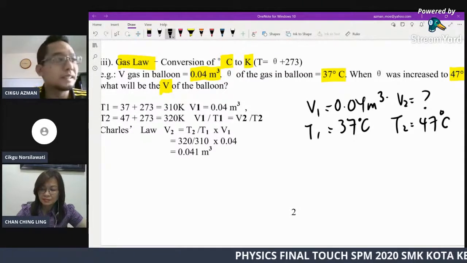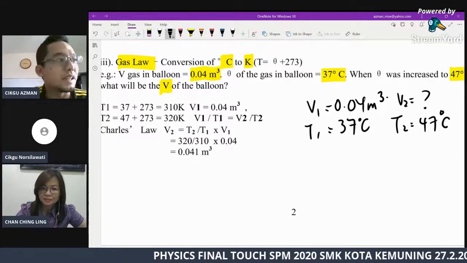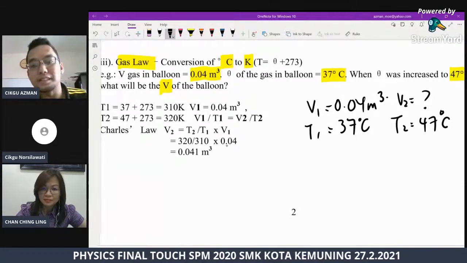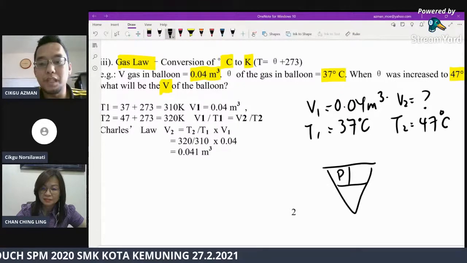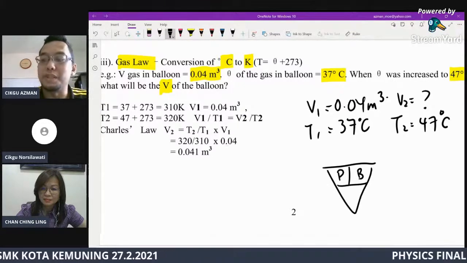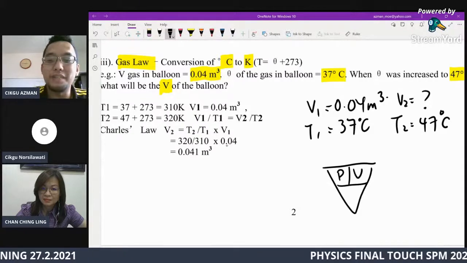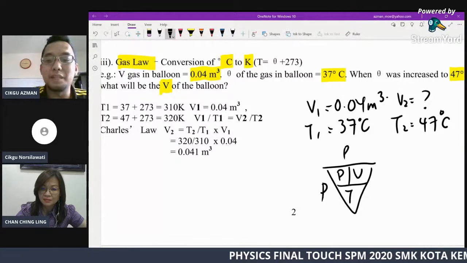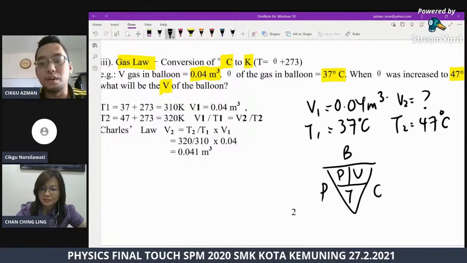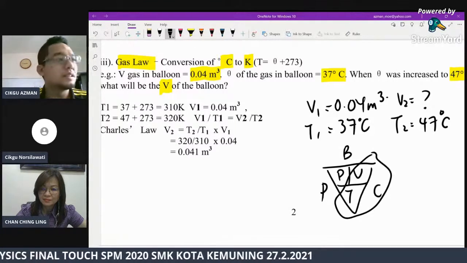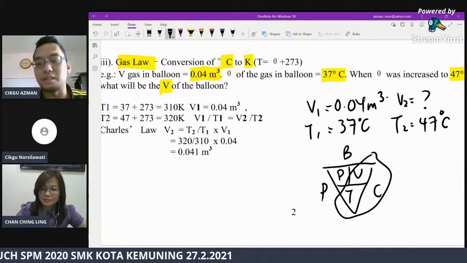Okay, which law? Law apa ni? Nah, cikgu selalu terangkan dalam kelas ni. PBC, PVT, PBC. So, volume and temperature, Charles law.